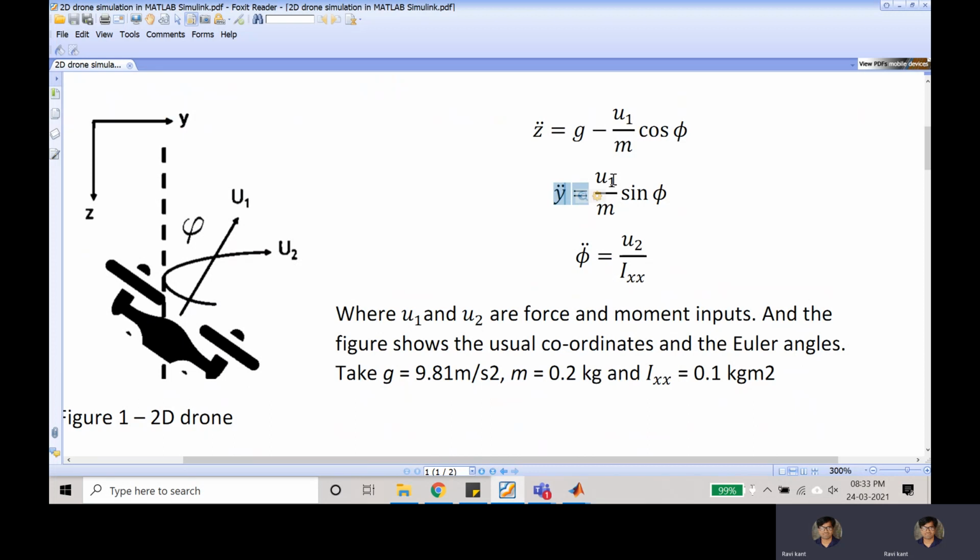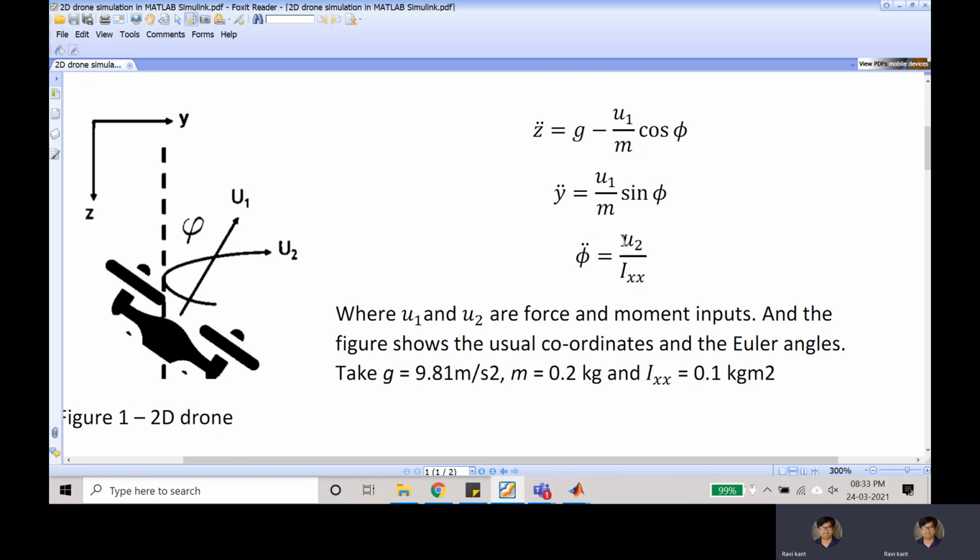So y double dot is u1 by m1, and your phi double dot is u2 by Ixx. So we will take up this particular one first: phi double dot is u2 by Ixx.